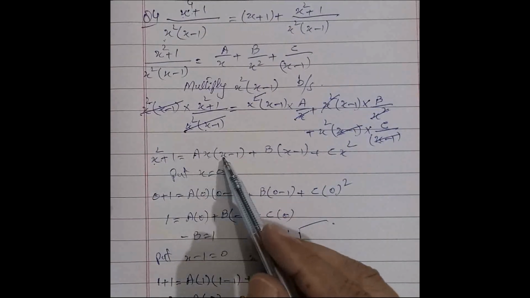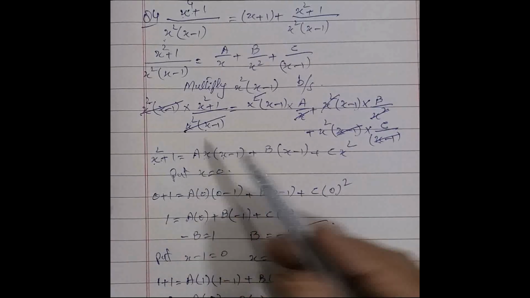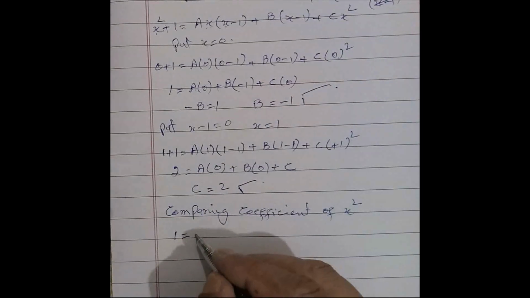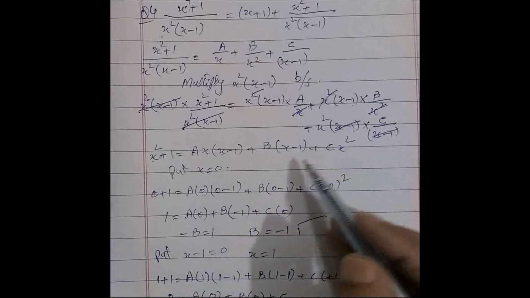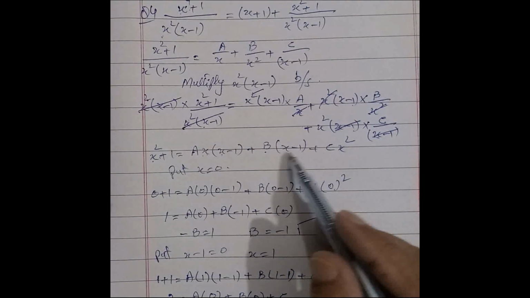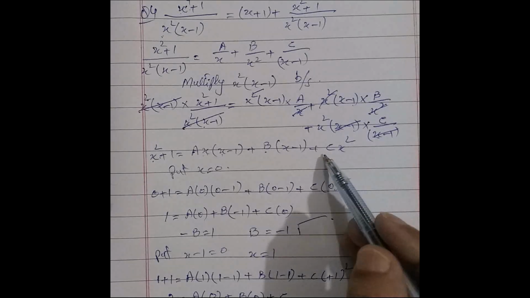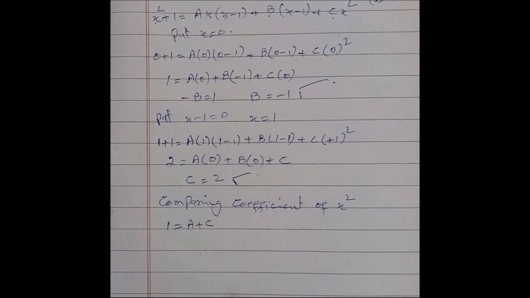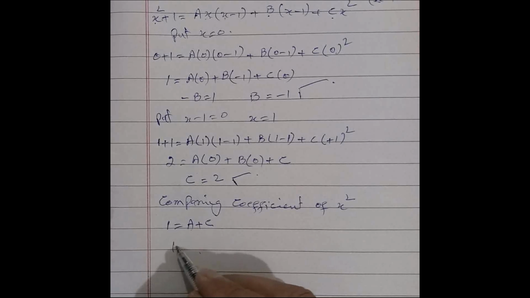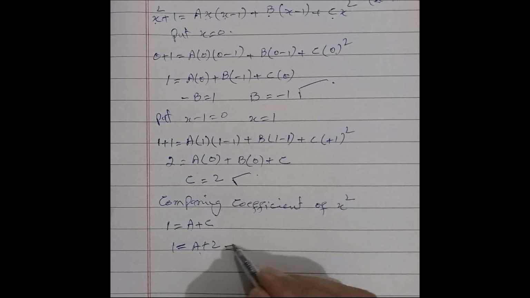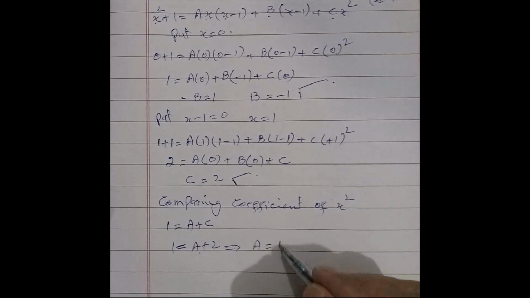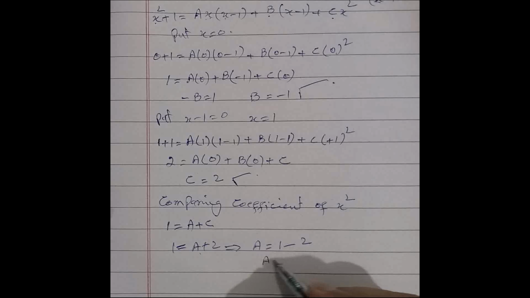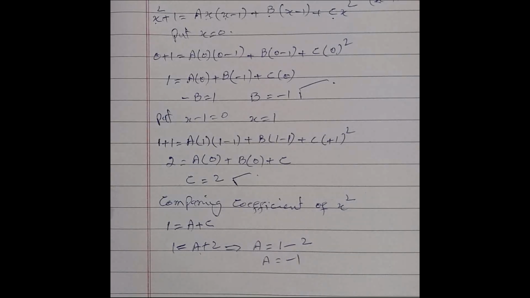On the right, a x multiplied by x gives x square, its coefficient is a, and in b there is no x square, and in c x square its coefficient is c. So 1 is equal to a plus c. Now we put the value of c and get 1 is equal to a plus 2, and we get a is equal to 1 minus 2, a is equal to minus 1.